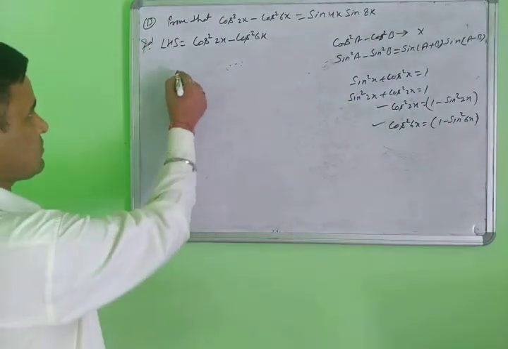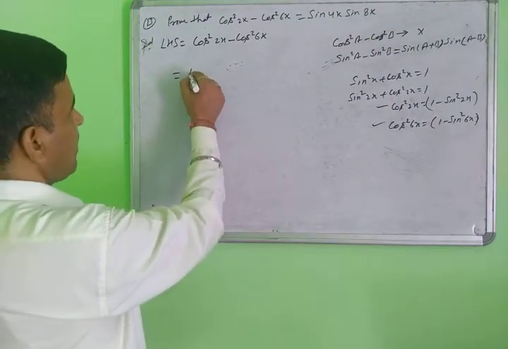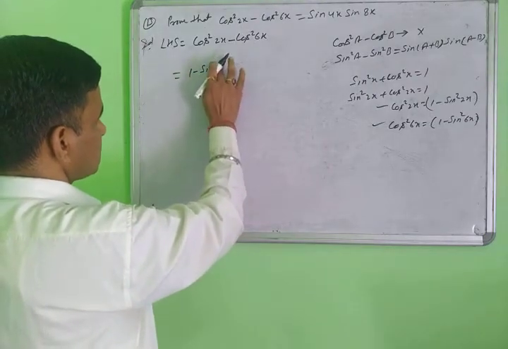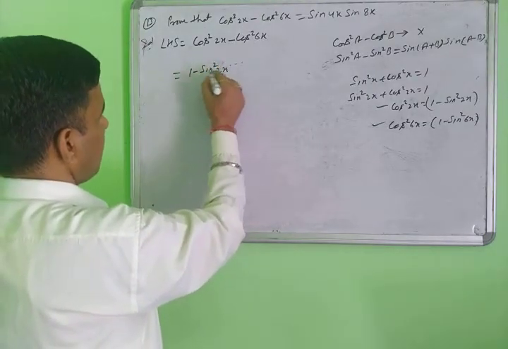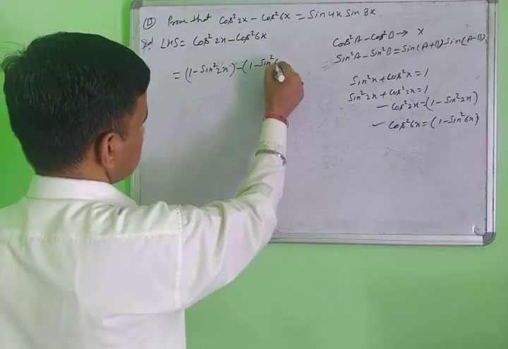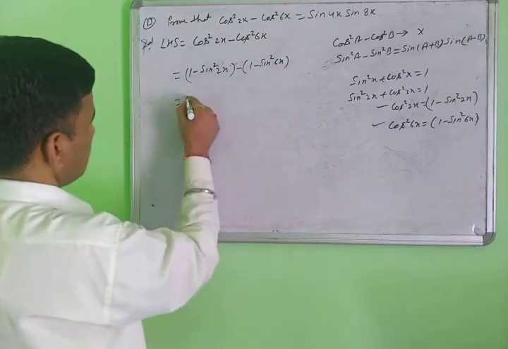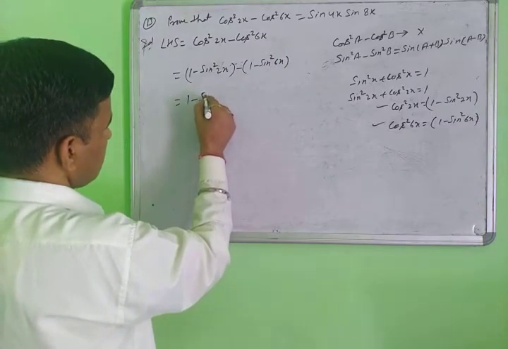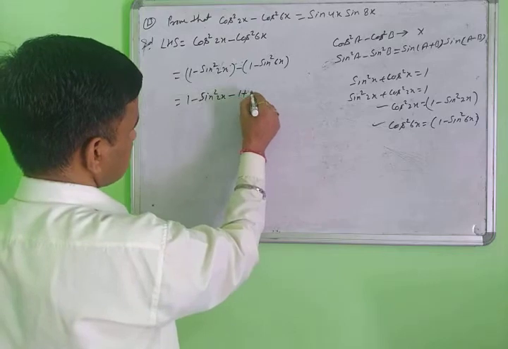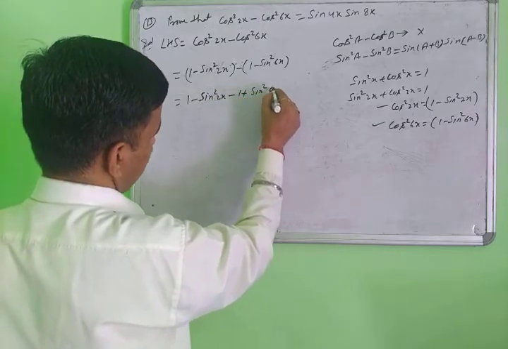Yes. 1 minus sin square 2x and 1 minus sin square 6x. What will come? Sin square 2x minus, plus sin square 6x.